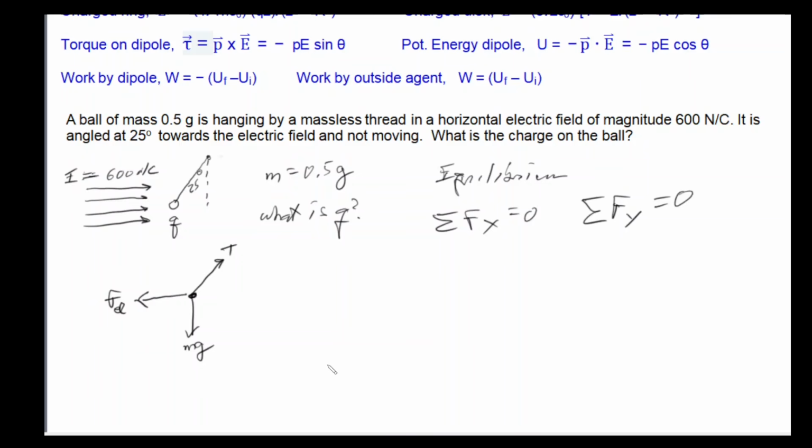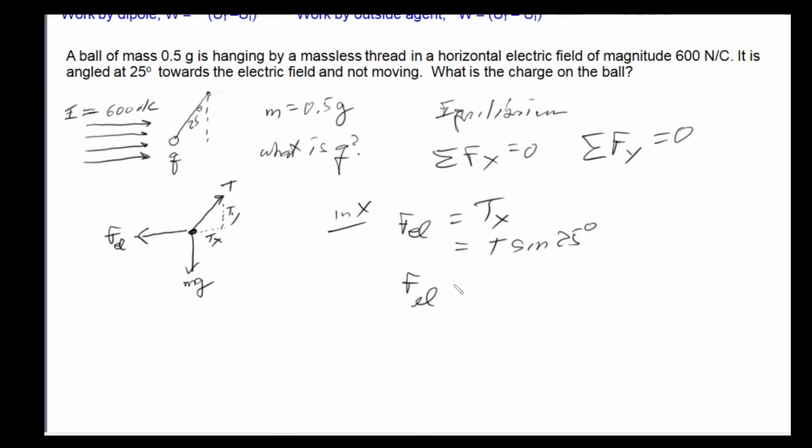So if we look at our forces in the x direction, the electrostatic force has to equal the tension in the x direction, because this is tension in x, and this is tension in the y direction. So that's equal to T times the sine of 25 degrees. So the electrostatic force is equal to 0.42 times T.